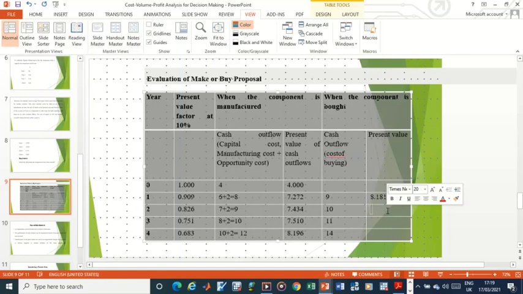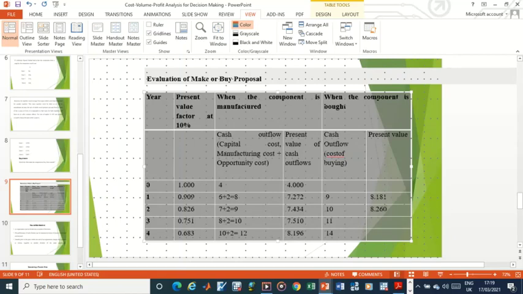For the second year, we have 10 million multiplied by 0.826, and that gives us 8.260.